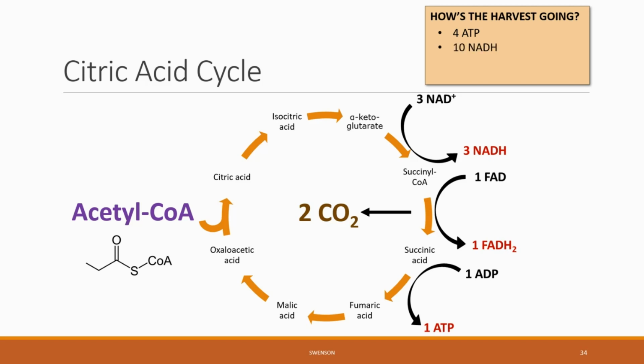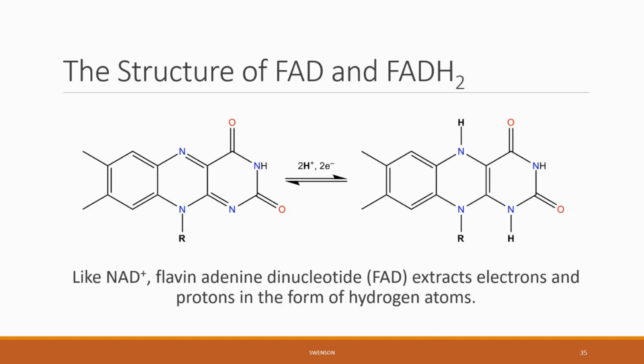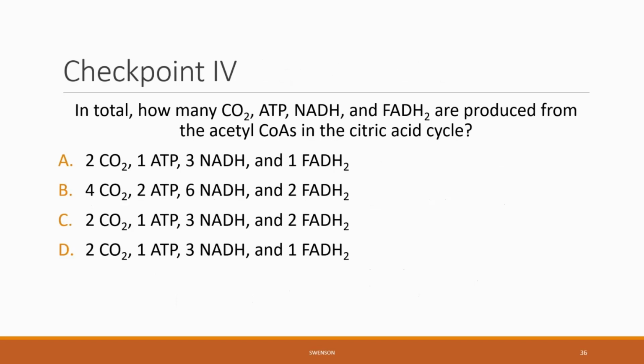We now have 10 NADH, and now we have 2 FADH2. So what is FADH2? Like NAD+, flavin adenine dinucleotide, FAD, extracts electrons and protons in the form of hydrogen atoms.